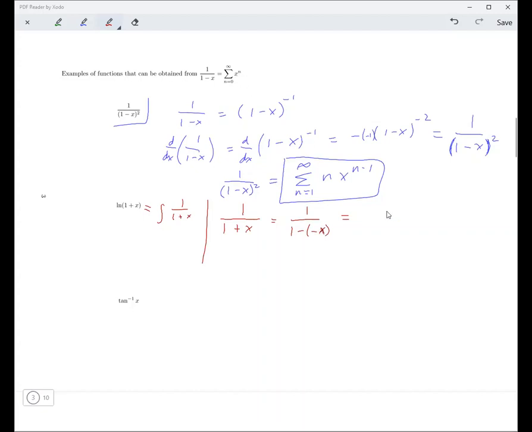So you replace all these x's with negative x's. And then this is the integral of this. So you integrate all this.